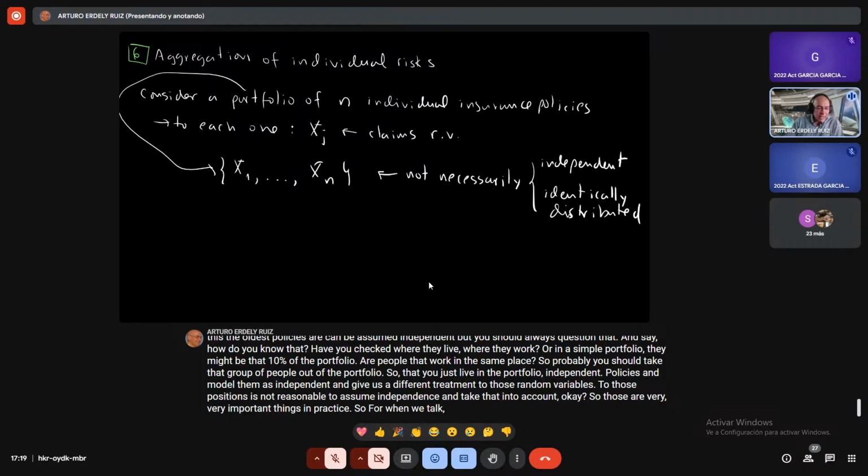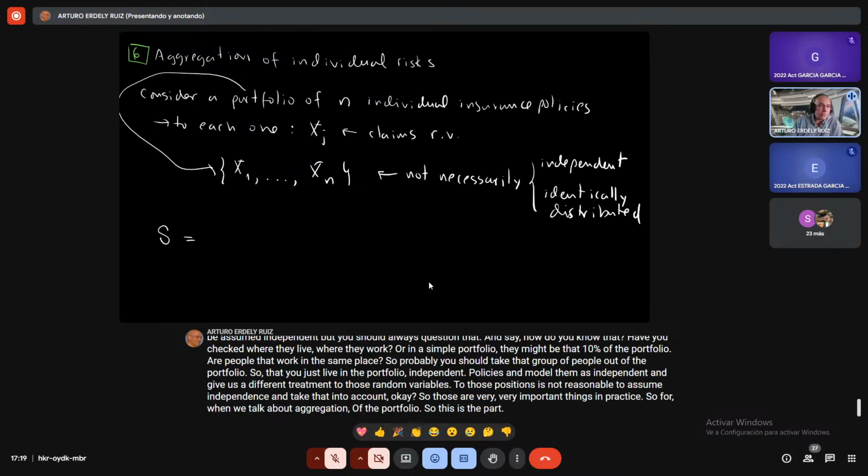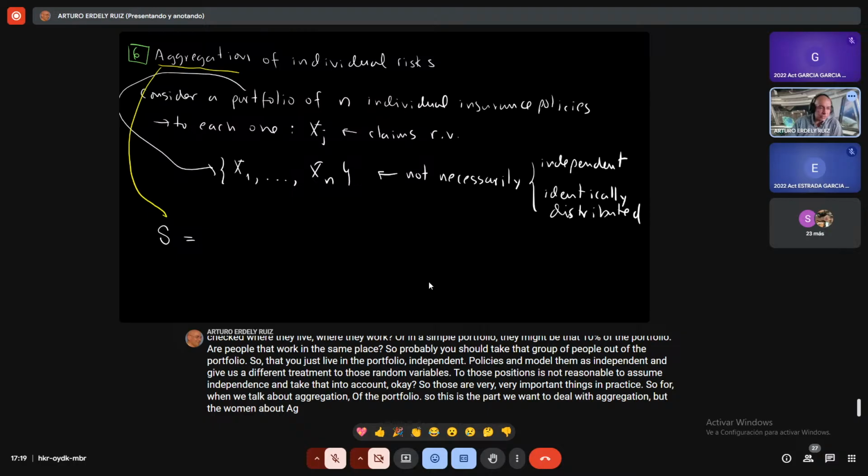So when we talk about aggregation of the portfolio, this is the part we want to deal with, aggregation. What do we mean by aggregation? Basically, we are talking about a transformation of the portfolio.